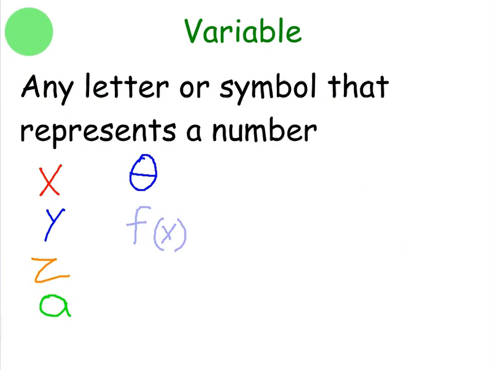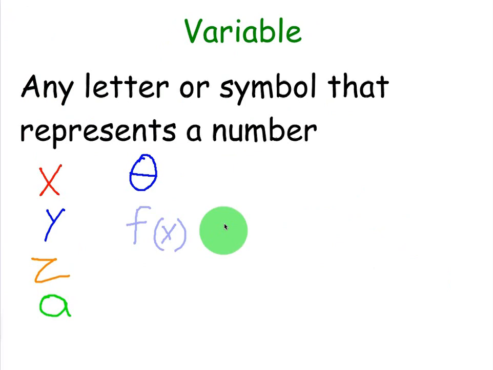What is a variable? This is another component of a monomial. Any letter or symbol that represents a number. So for example, x, y, z, a, theta. This is a Greek letter we often use for angles. And then even f of x represents a function, which we'll learn more about in pre-calc or math analysis. That's also an example of a variable.